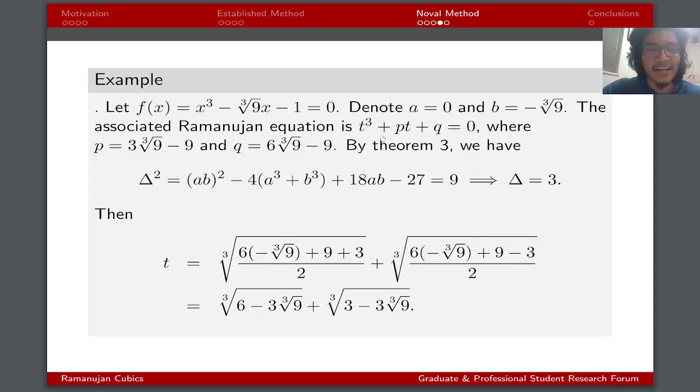All right. If we plug this into the associated Ramanujan equation, we have by our theorem this delta squared. You just plug in a and b. A is 0, so it's not even that difficult. You're going to get a 9. You square root both of them, and then you get the red 3 that I was talking about. And then you just plug it in, and it falls out, okay?